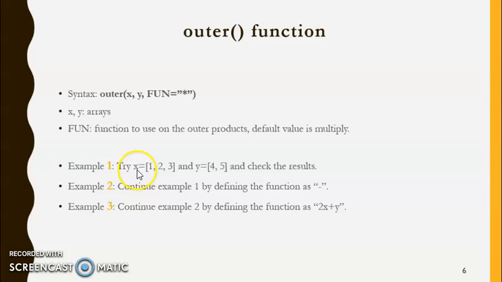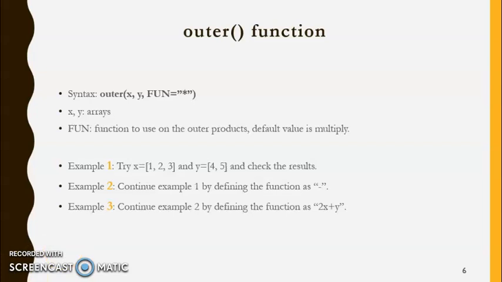Consider x as 1, 2, 3 and y as 4, 5, but do it with 2x plus y. First do it by hand, and after that try it with the IDE.